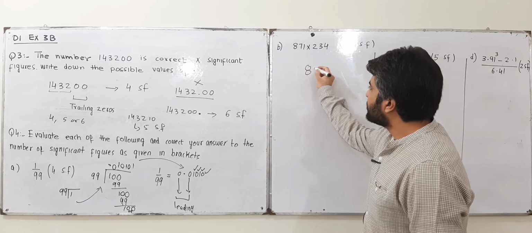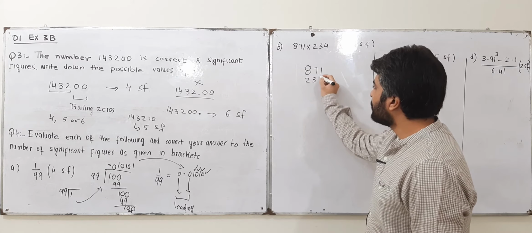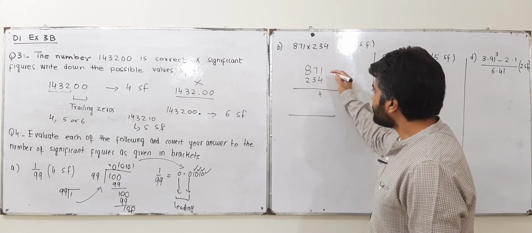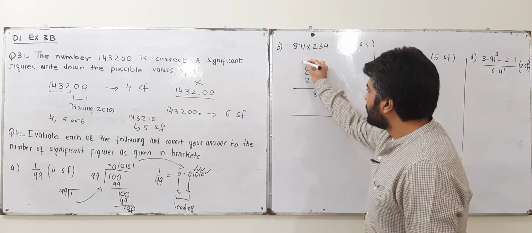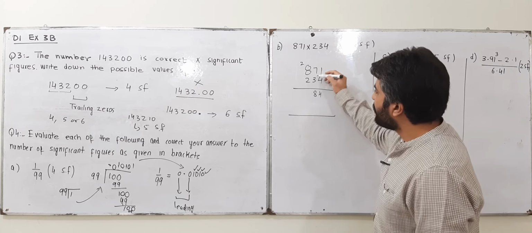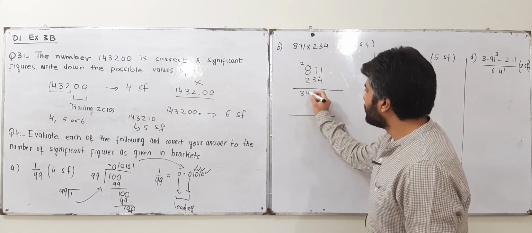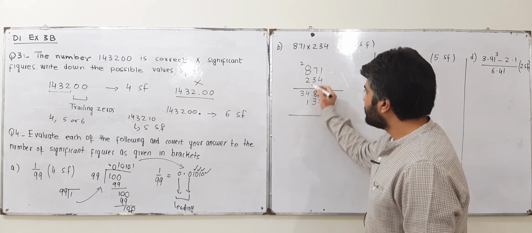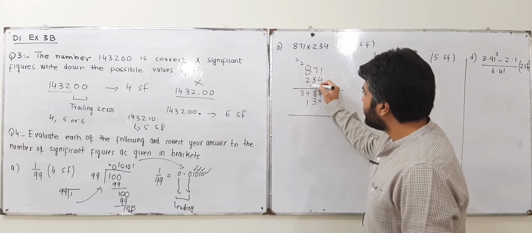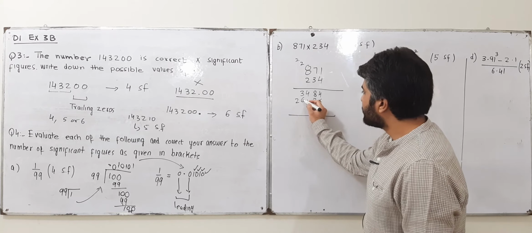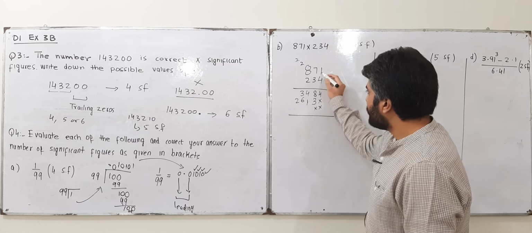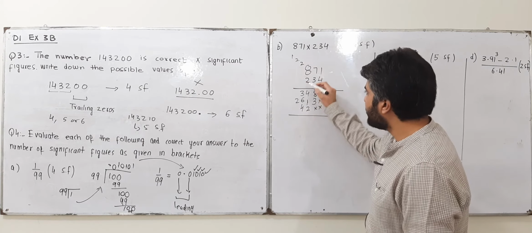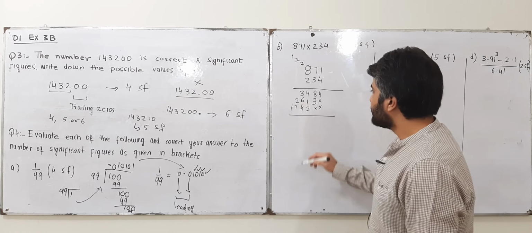So multiply 871 and 234. 4 1 time 4, 7 4 time 28, 2 will be carried over here, 8 4 time 32. And for the 3 of 234: 3 1 time 3, 7 3 time 21, 2 will be carried, 8 3 time 24 and 2 26. 2 1 time 2, 2 7 time 14, 4 1 will be carried, 8 2 time 16 and 1 17.